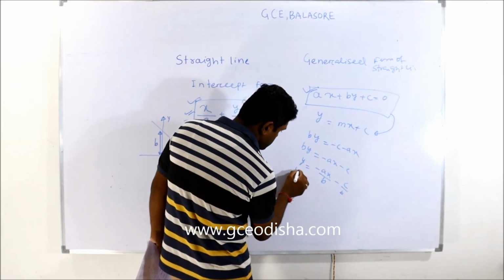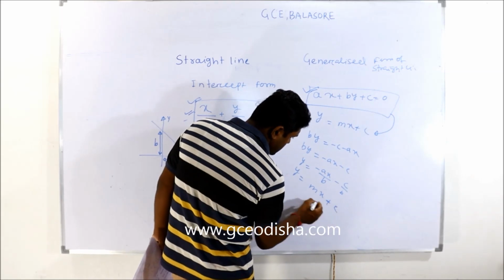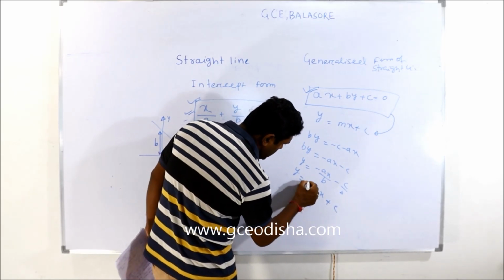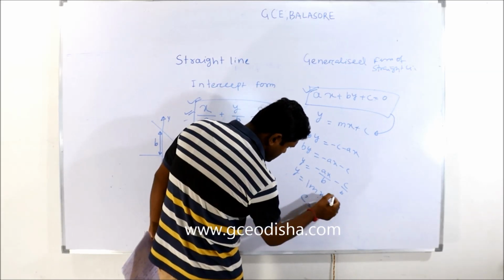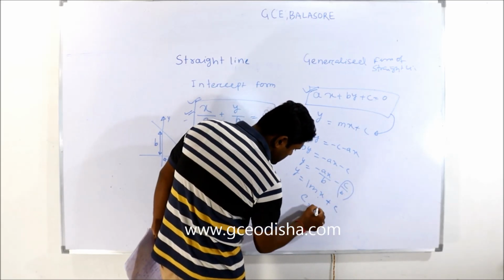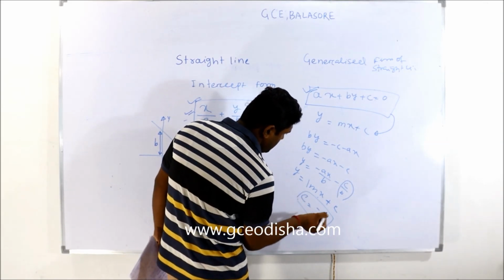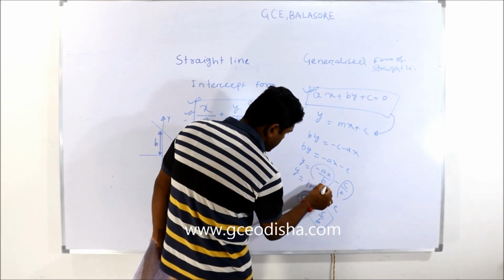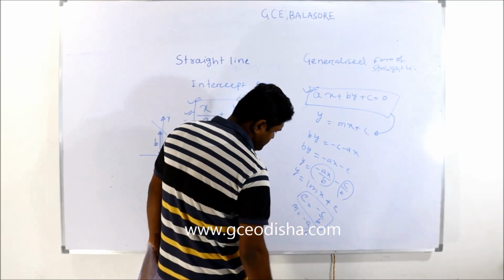Then what is the slope? Compare y is equal to mx plus c with this, equating the x term and the constant term: c is constant, equal to minus c by b, and m is equal to minus a by b.